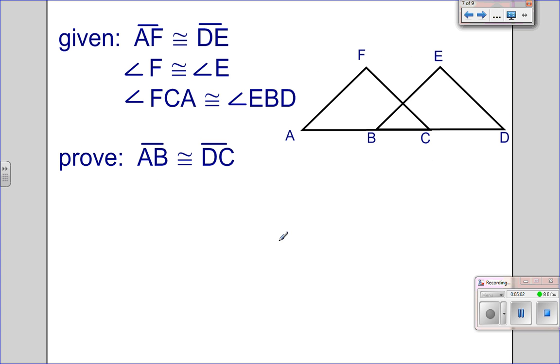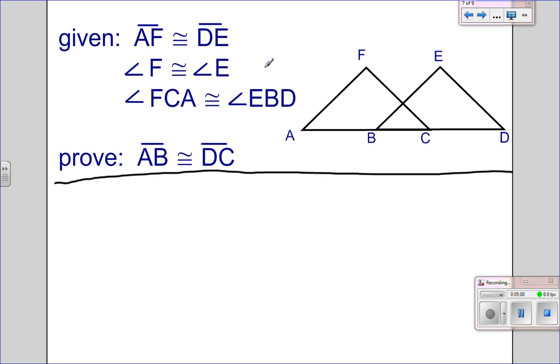All right, let's look at one more. Once again, pause if you need to try it out, and it's always smart to try and check to see how you do. AF congruent to DE, angle F is congruent to angle E, and angle FCA is congruent to angle EBD. Well, you have a triangle here with AAS and a triangle here with AAS.